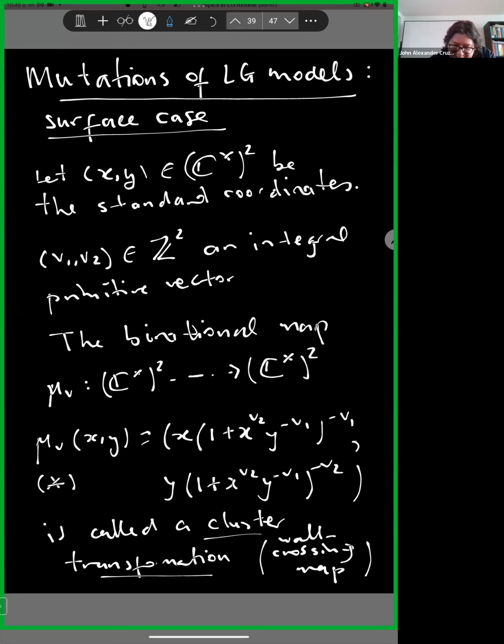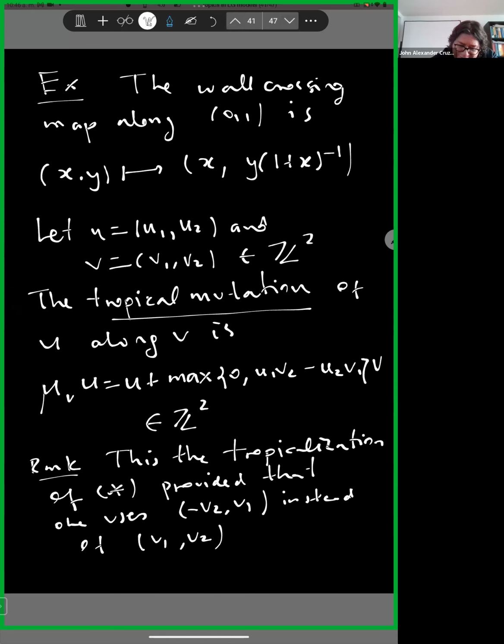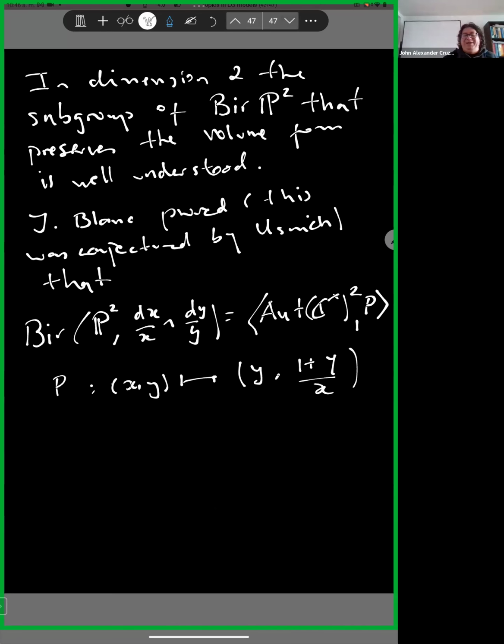You see, where is this? Here, right? It's the inverse of something related to this map here. So this is what people call P, the mutation. So the birational transformations in the plane that preserve the volume form are generated by the automorphisms of the torus and this mutation, right?